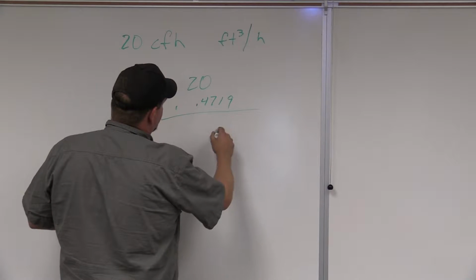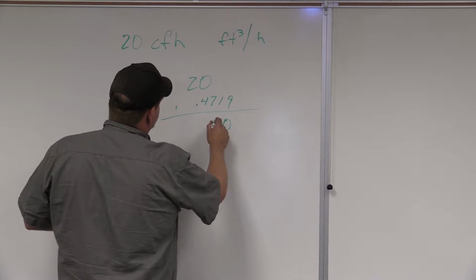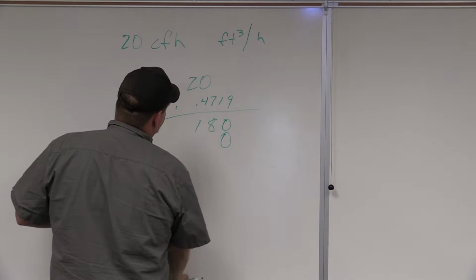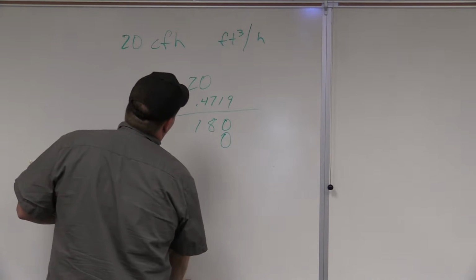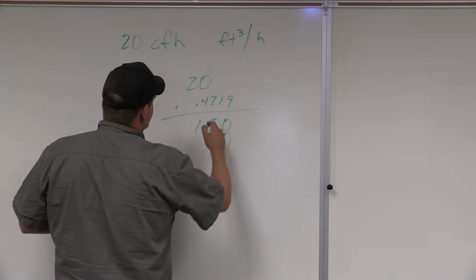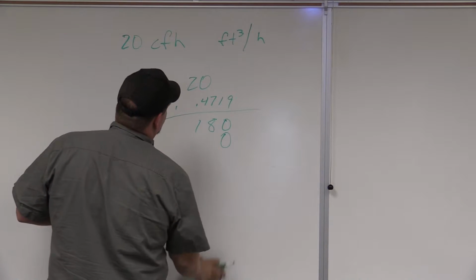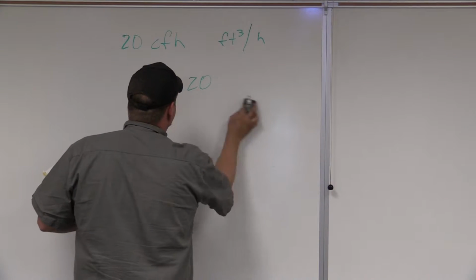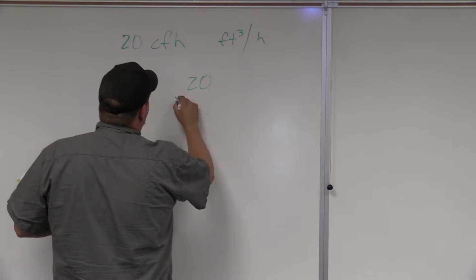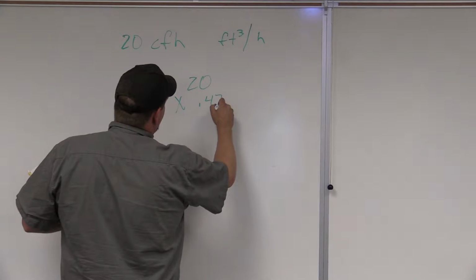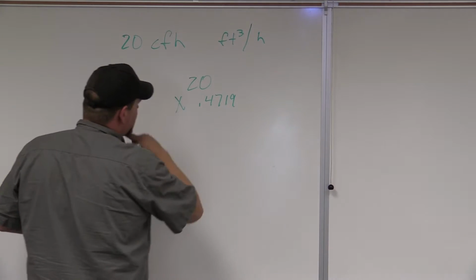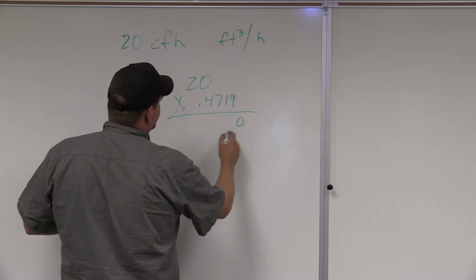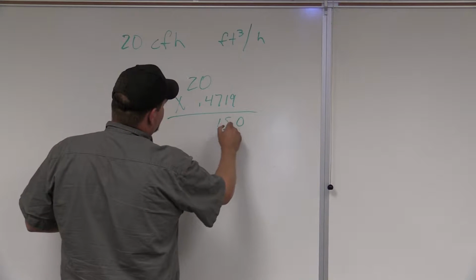Let me start over again: 9 times 0, 0. 9 times 2 is 18.